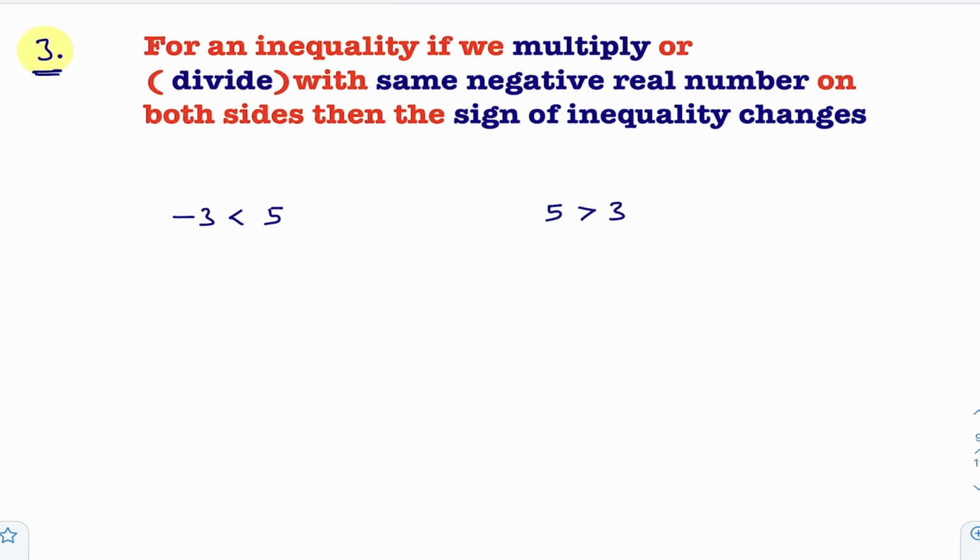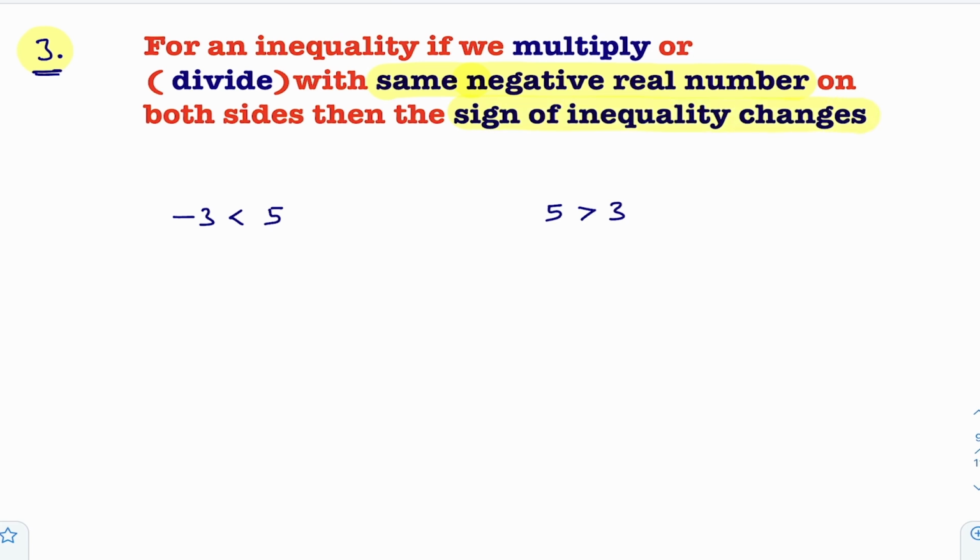Now see rule number 3. In these inequalities, what is rule number 3? For an inequality, if we multiply or divide with the same negative real number, this is important. If I divide with the same negative real number on both sides, the sign of inequality changes. Look here, the sign of inequality changes. This is important.